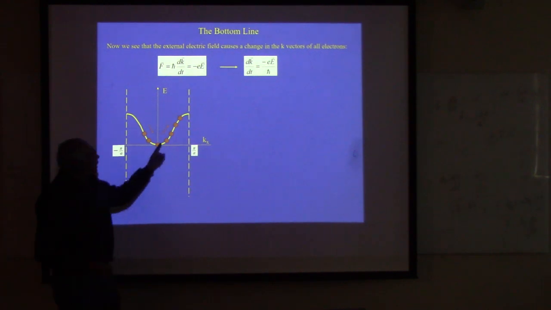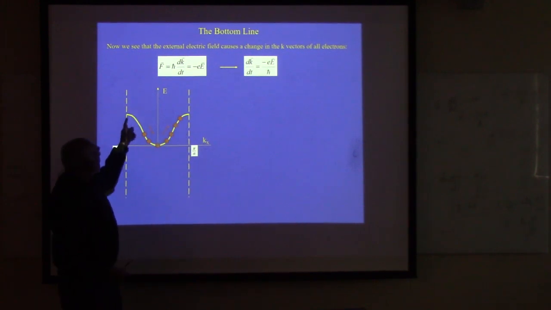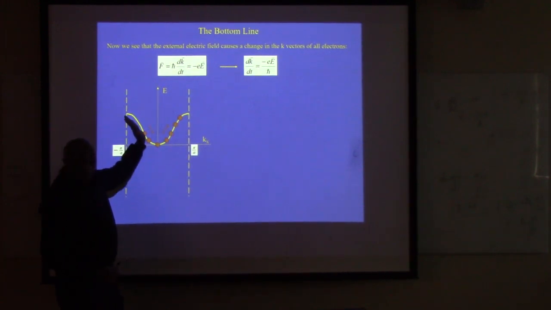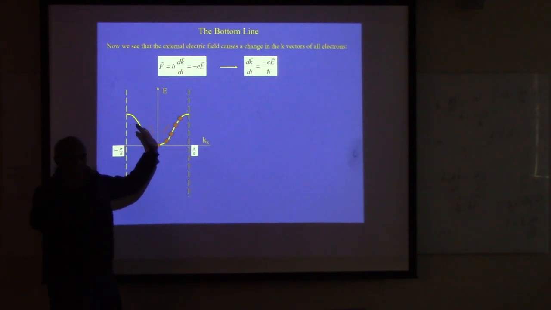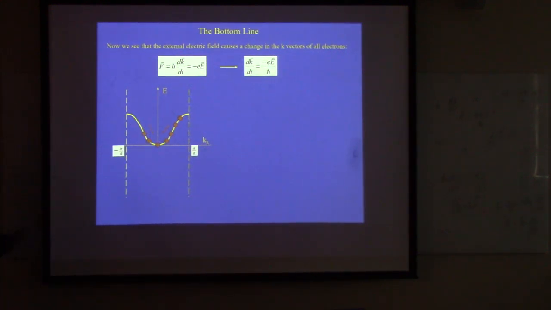So these electrons have positive velocity, going here, and they reappear here with negative velocity. That means your current is oscillating. People have observed this current oscillation because of the Bloch oscillation.